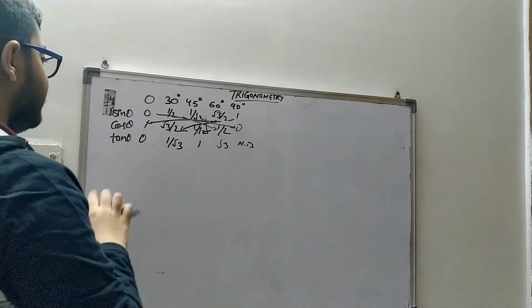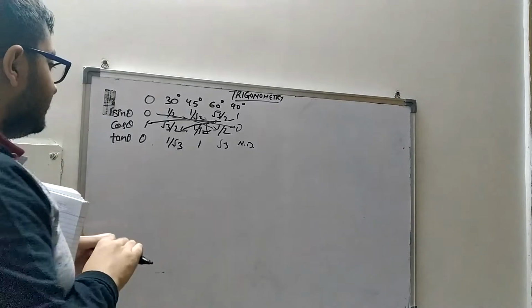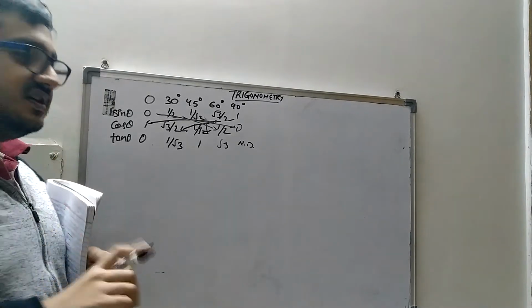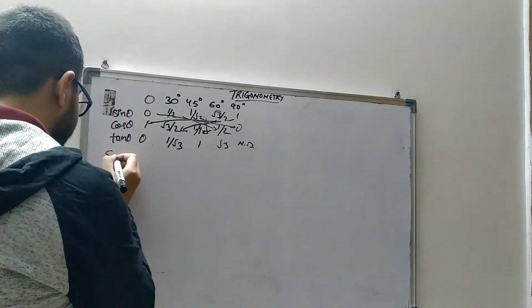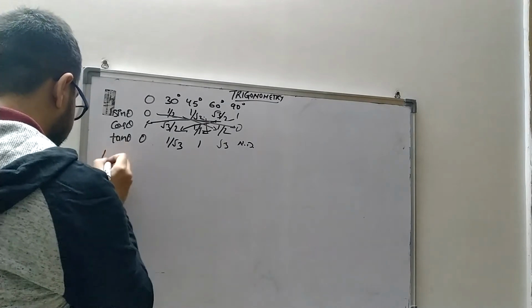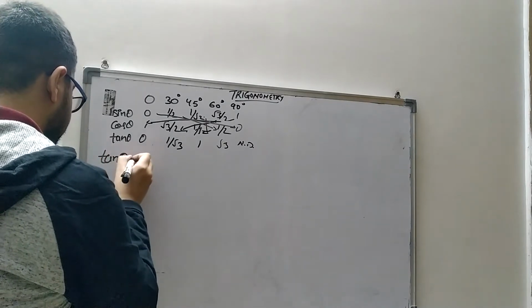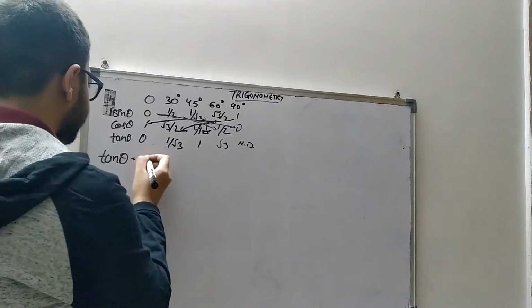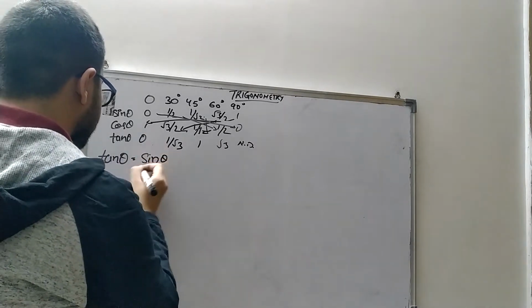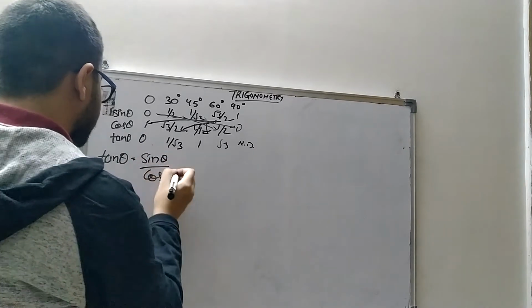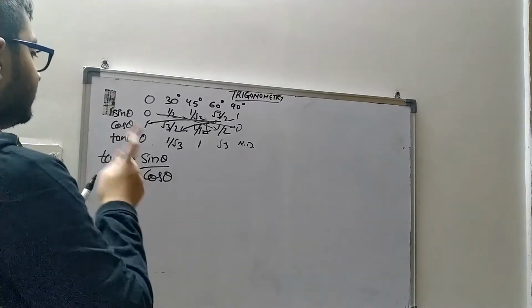So here it is a very common thing to determine tan theta by using this formula: sin theta by cos theta.